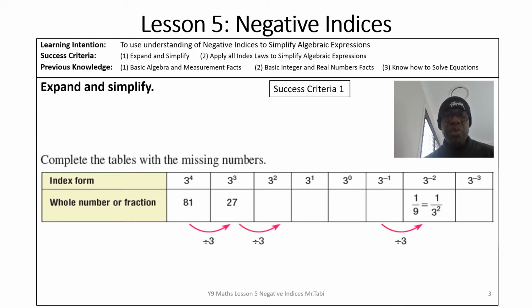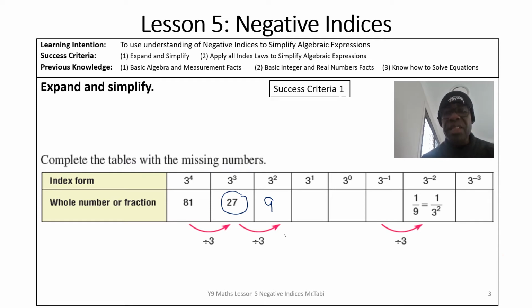I hope you've paused and you've been able to do that yourself. So let's carry on. So again, you can see 81 divided by 3, that gives us 27, which is the same as 3 to the power of 3. 3 squared will be what? 9, which is the same as 27 divided by 3. So the pattern continues.